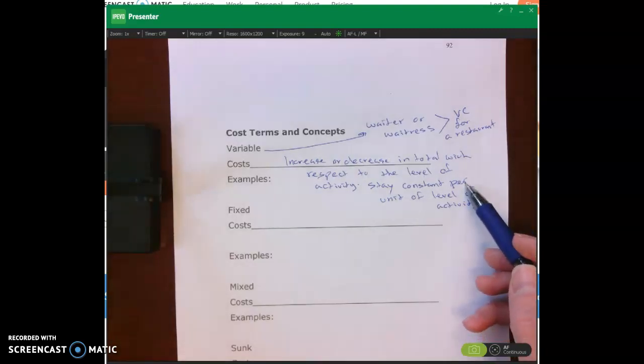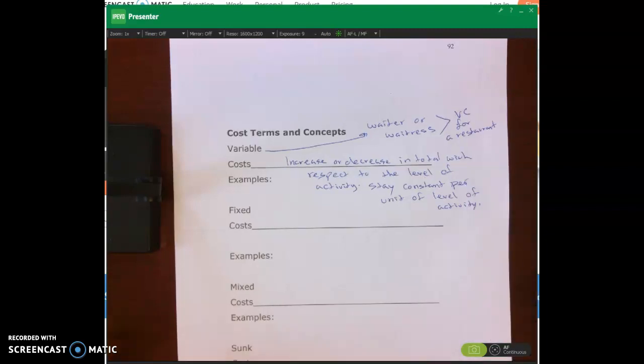But that doesn't change how much they pay them per hour. So they still pay them, I'm just pulling out a number here, $6 an hour. Okay, they still pay them $6 an hour regardless if they work 10 hours or 20 hours or 30 hours. It still stays the same.